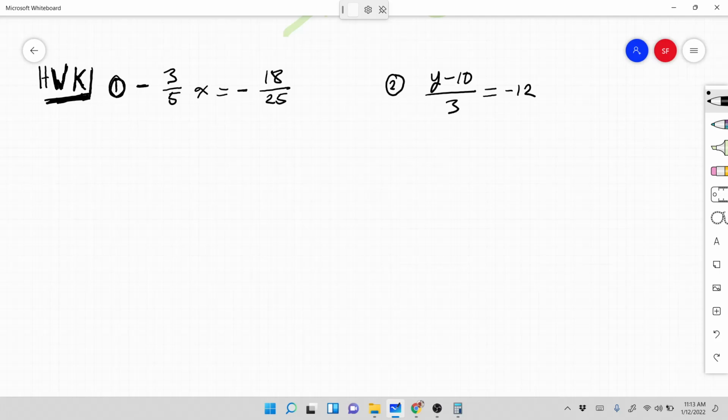Number 3 is going to be negative 5 plus z, all divided by negative 6, equals negative 2.